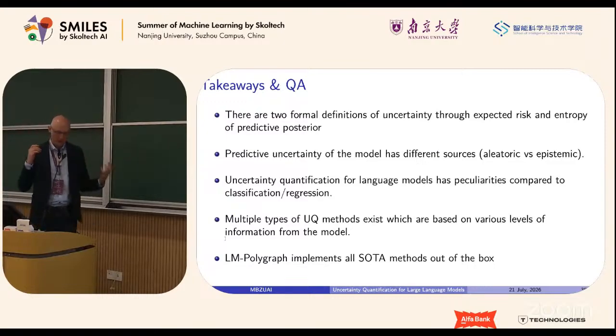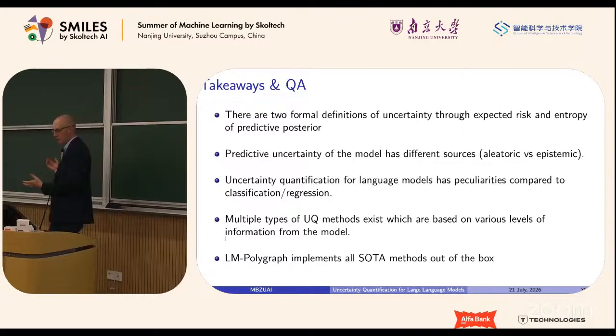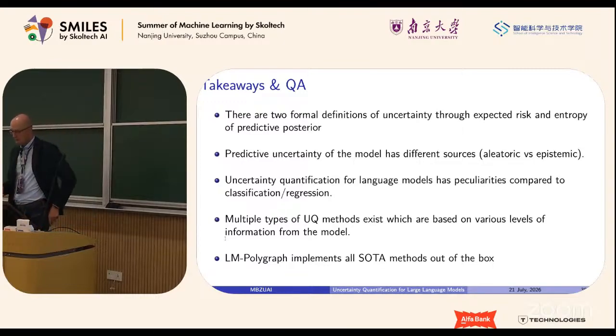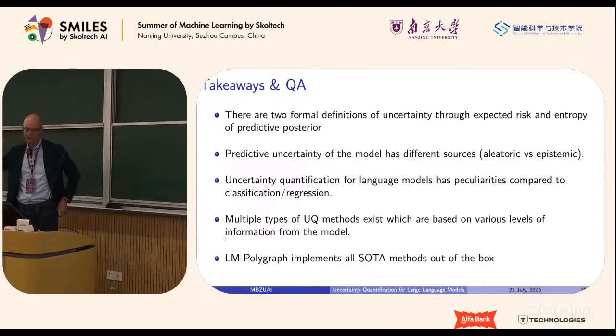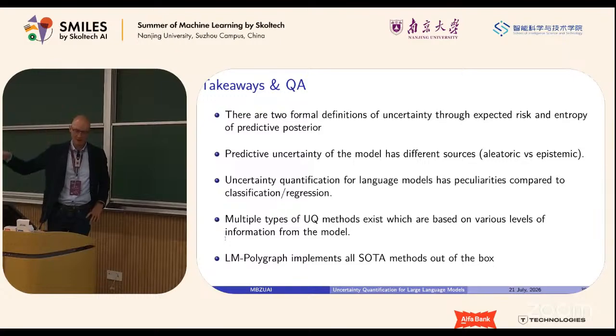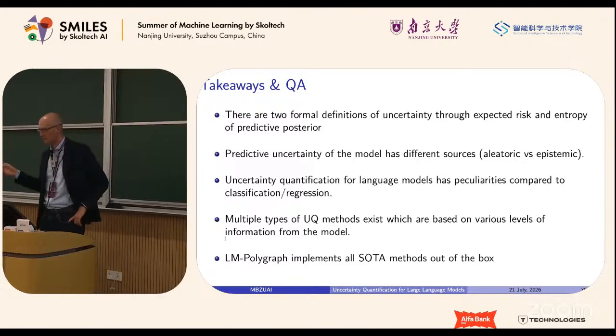Uncertainty for LLMs is way harder than for classification and regression because it has a lot of peculiarities. We have a ton of techniques, and even if you just give up right now on this talk, you can use many of these techniques from LM-Polygraph without any knowledge of what they do or how they work.